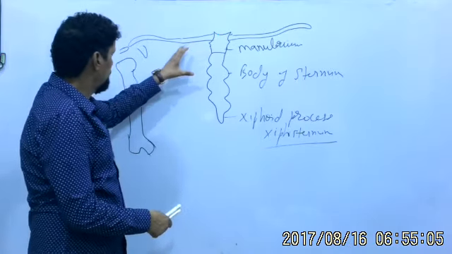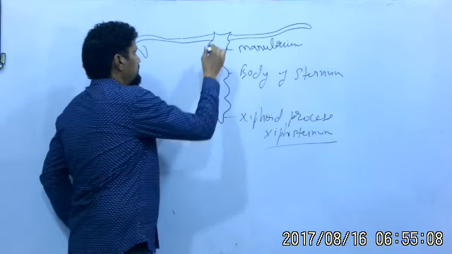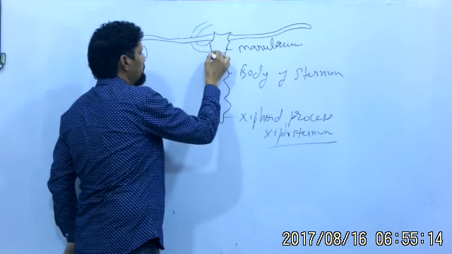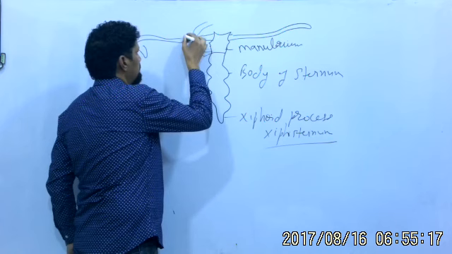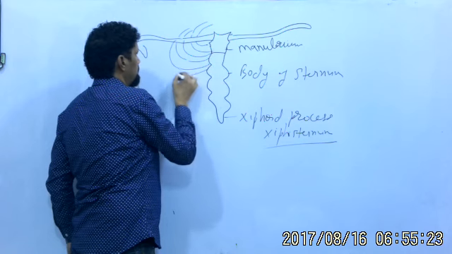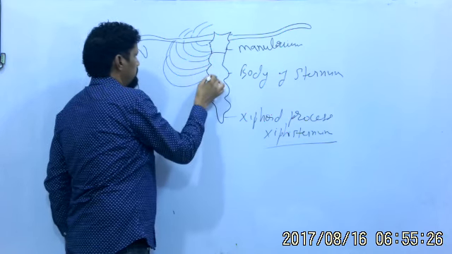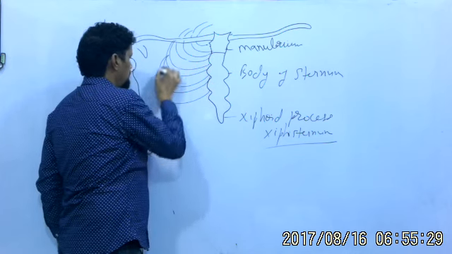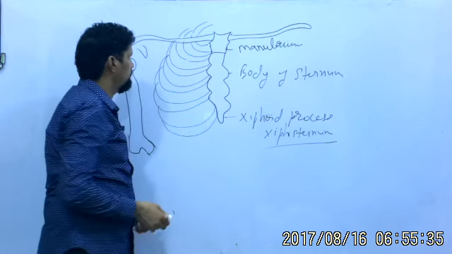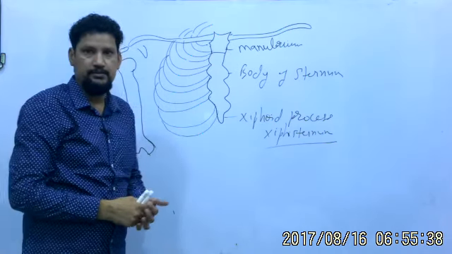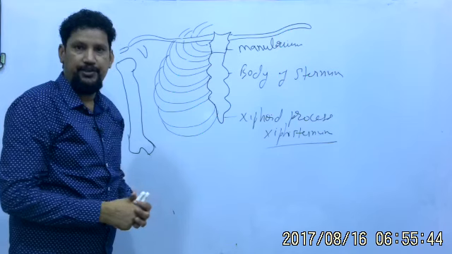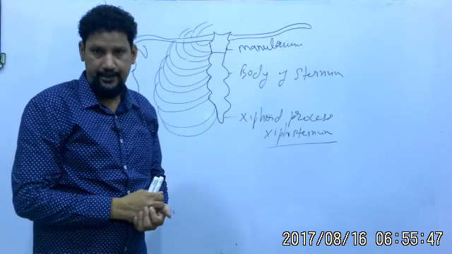So this part is occupied by the thoracic cage, this part is occupied by the rib cage forming the thoracic cavity.